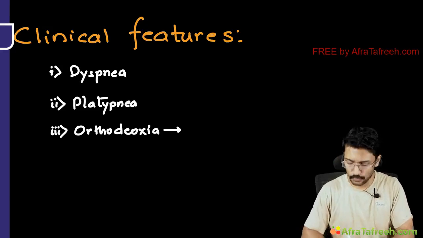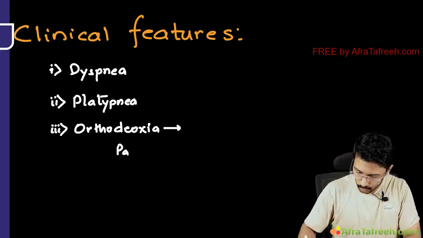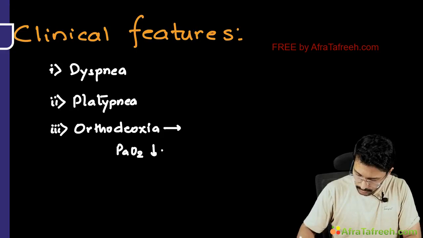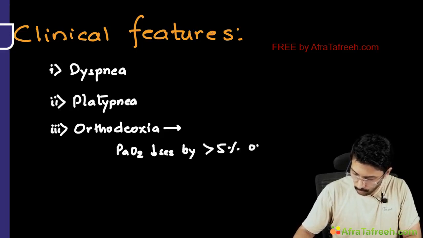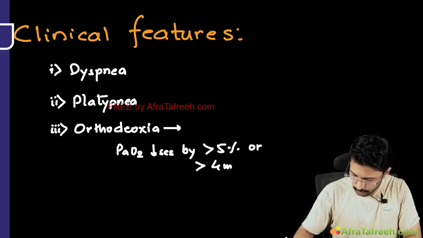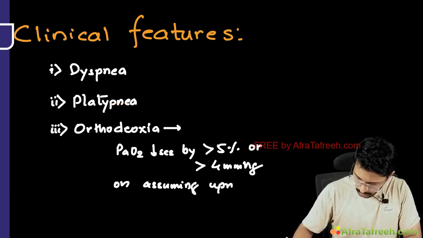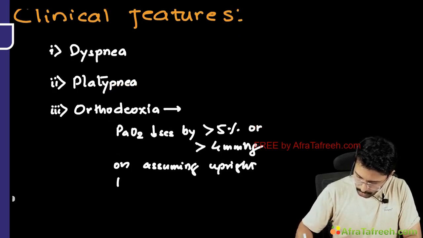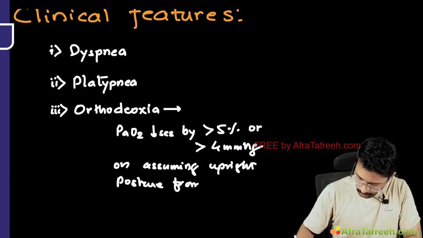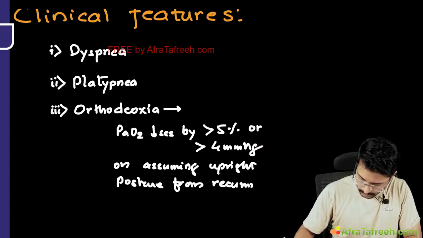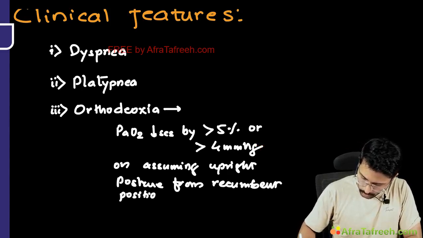So when the patient's PaO2 decreases by more than 5% or by more than 4 millimeters of mercury on assuming upright posture from the recumbent position, we call it orthodeoxia.